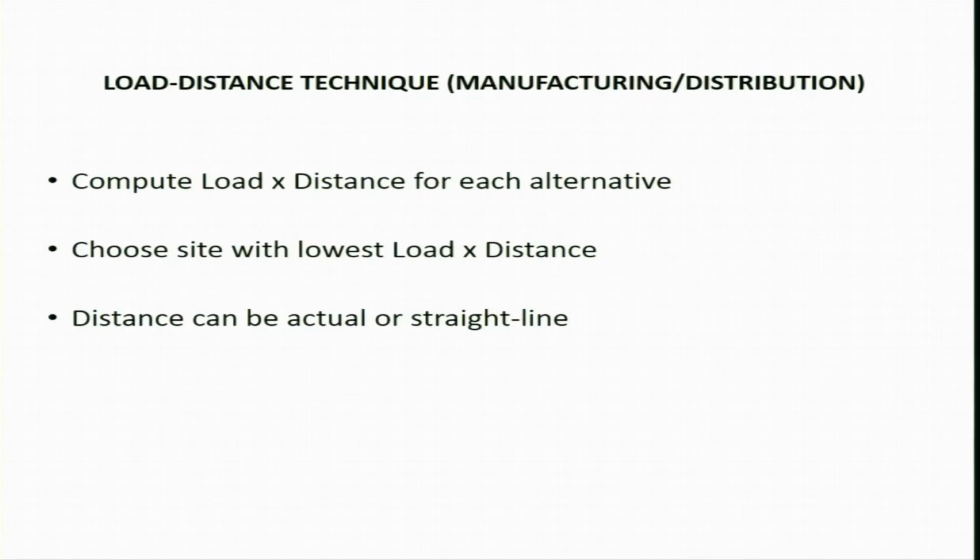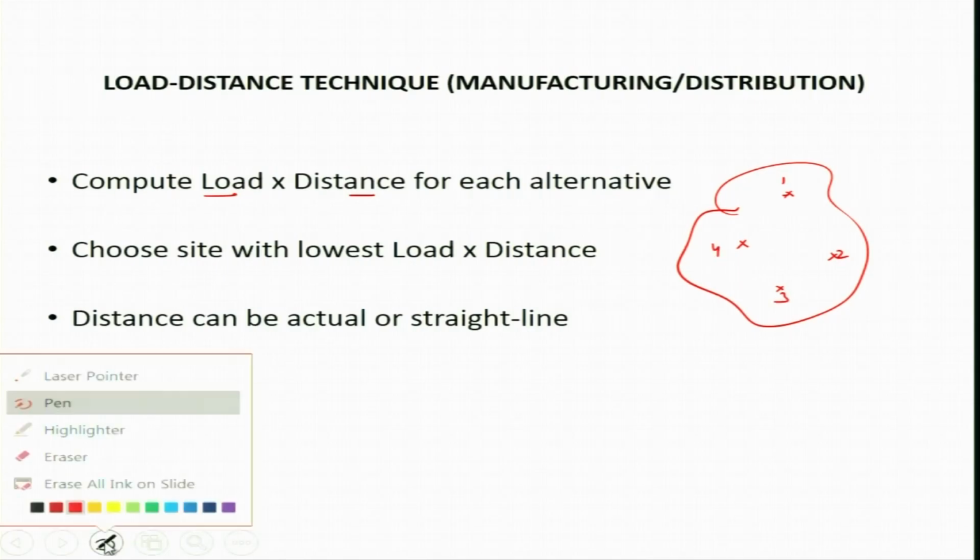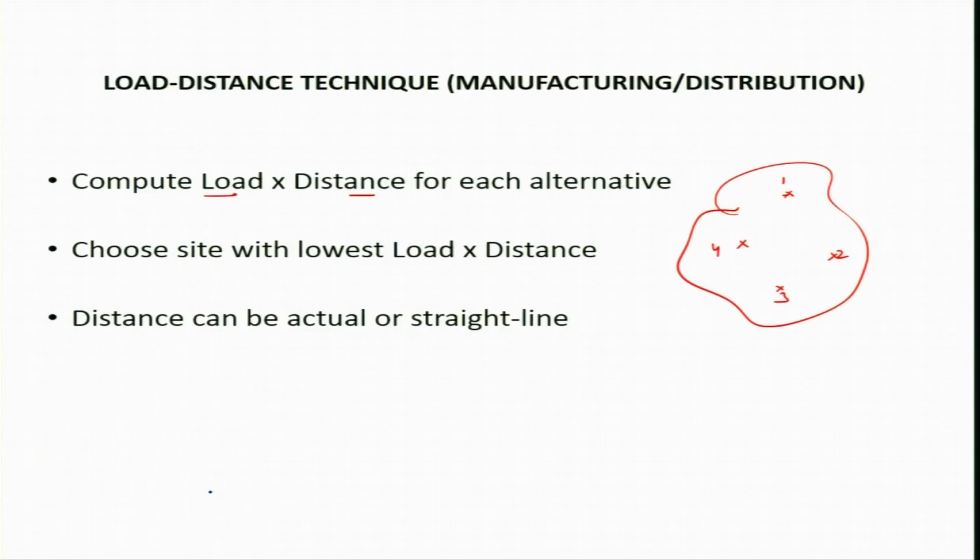Let us talk about the first technique in this, that is the load distance technique. Here we are going to consider load and distance. Suppose this is your geography and these are the existing facilities which are already there, 1, 2, 3 and 4, and you are having two alternate locations, A and B, that you are considering.